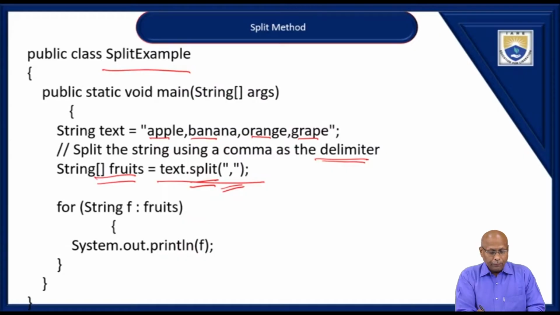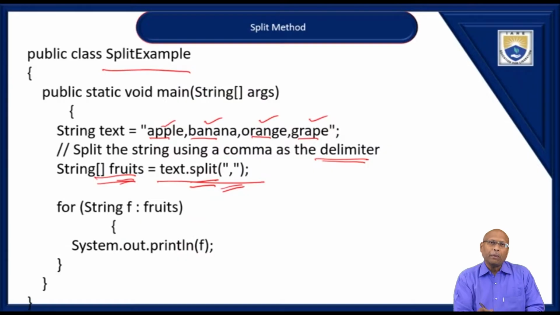The text has 4 fruit names, and I want to keep those 4 fruit names in an array. For that, you can use the split method, and when you call split, it will return an array of strings.